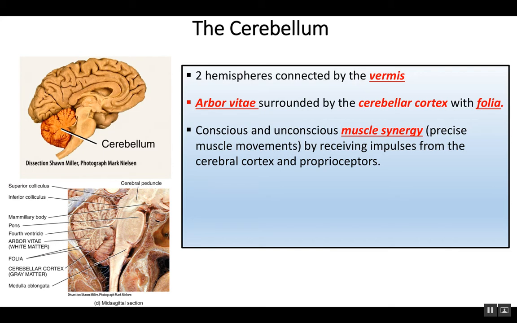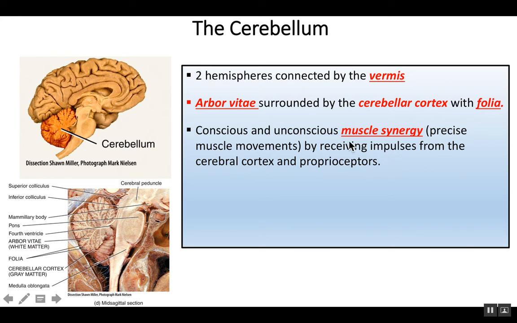So it influences the control of muscle coming from your cerebrum. So we're going to learn that muscle contraction is largely due to an area in your cerebrum. That's how you consciously control your muscles. The cerebellum adds this precision to your muscles.